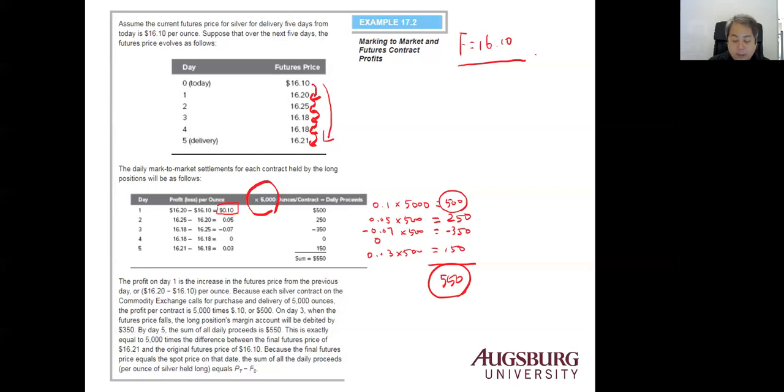So basically, for 5 days, you have these changes. It's actually the same as the initial day to the 5th day change, which is the 11 cents increase, right? Times 5,000 ounces, it's going to be $550, right?